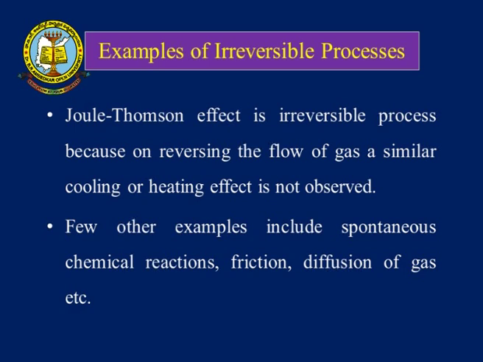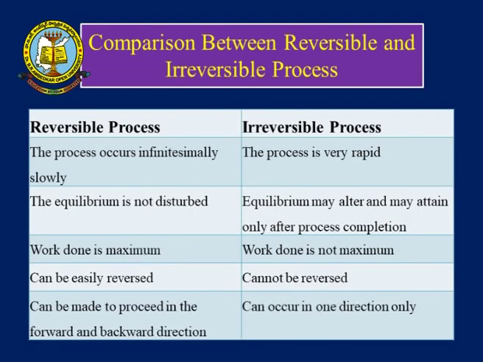Few other examples of irreversible processes are spontaneous chemical reactions, friction, and diffusion of gas. Now if you compare the reversible and irreversible processes: the reversible process occurs infinitesimally slowly. That means whenever a reversible process occurs, it will occur very slowly. Whereas the irreversible process is spontaneous or rapid.